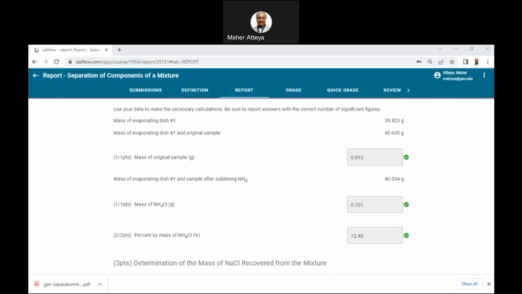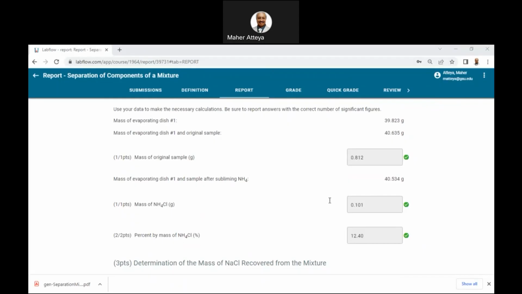The data are entered, and the results are obtained with green circles, which means that my results obtained are correct, and hence all my calculations are correct.